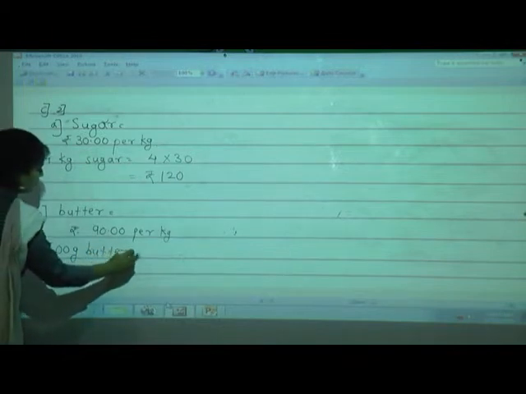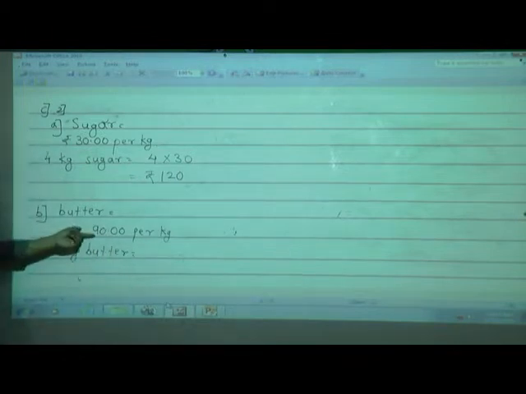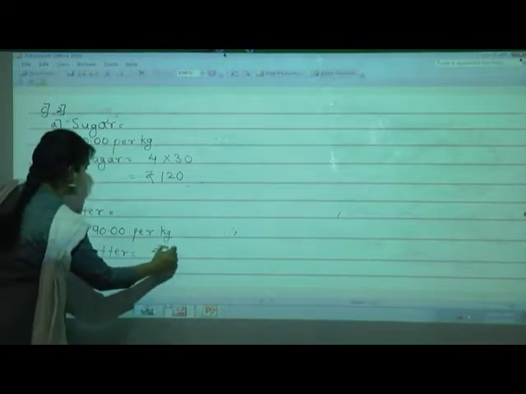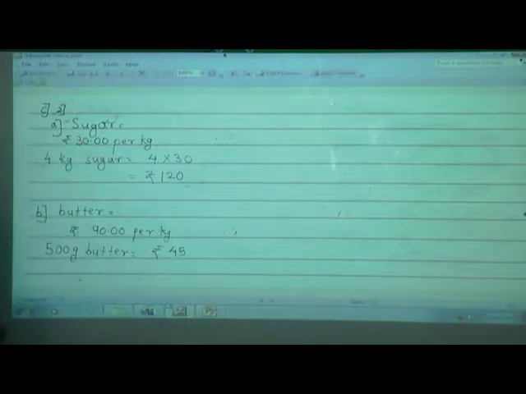So you can make half of 90 because here it is 500 gram, isn't it? So the rate of butter is rupees 45.